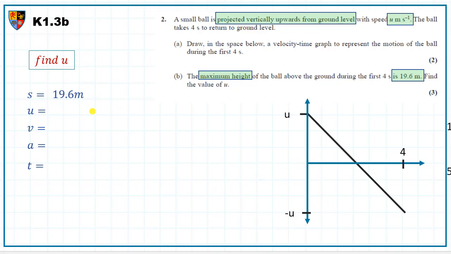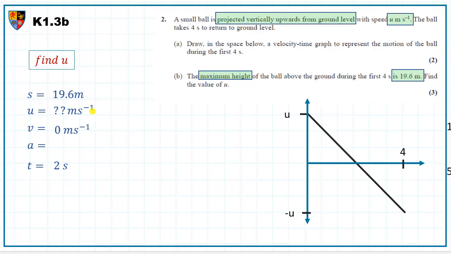We know s is 19.6 m. We want to find u. We want to know what speed we started off with. We know at the max height, that's the instant where the velocity is going to be 0. That will happen in 2 seconds.